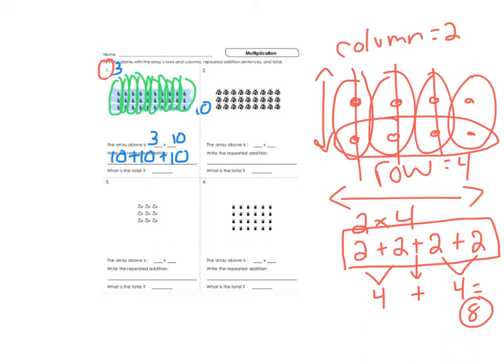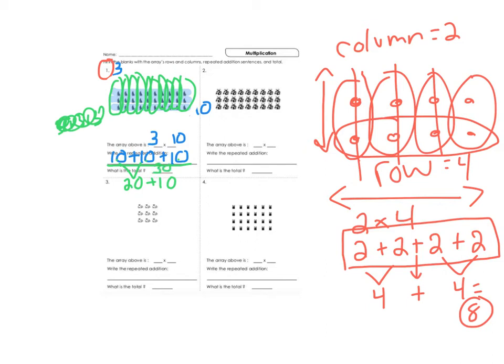So another way to write it as addition would be 3 plus 3 plus 3 all the way 10 times. But that would make me write a lot, and I'm feeling a little lazy today. So instead, I'm going to write it as 3 groups of 10. 10 plus 10 plus 10. So what's the total? Well, 10 plus 10 is 20. 20 plus 10 is 30.